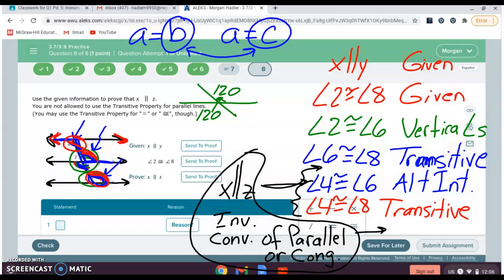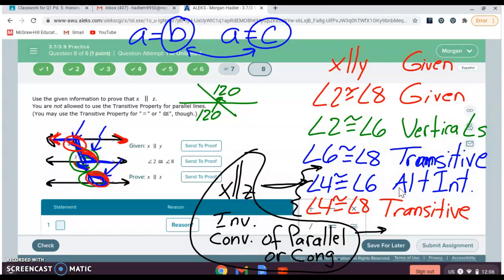You've only gone over things where we know things are parallel. We haven't talked about having to prove things parallel. So if one of those two lists of steps doesn't work, just forget about it. Don't worry about doing number 8 then. But number 7 should be pretty easy, or I should say pretty short. It should just be those 2 steps, and you should be done with number 7.